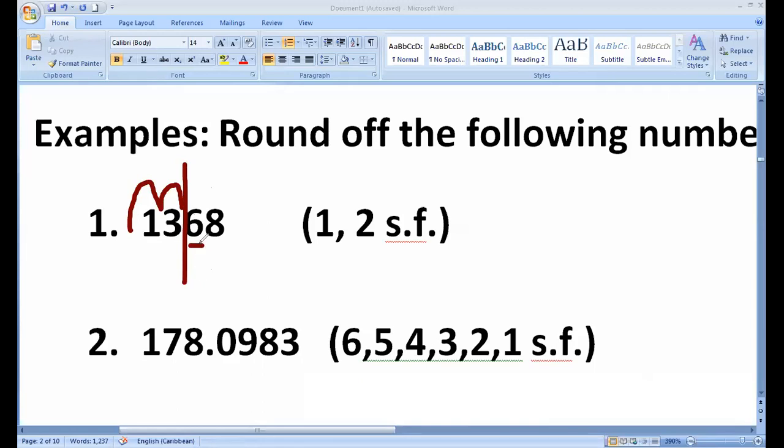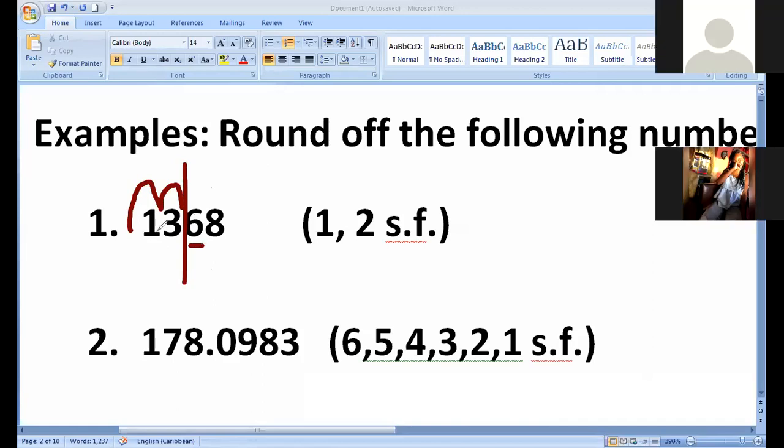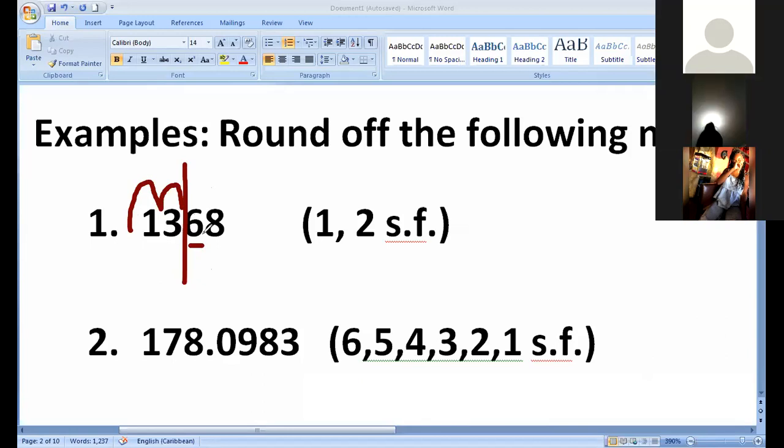If that number is greater than or equal to 5, we add 1 to the previous number to the left. And 6 is obviously greater than or equal to 5, so we're going to add 1 to the 3. That will give us 4. So the answer is going to be 1 and 4.